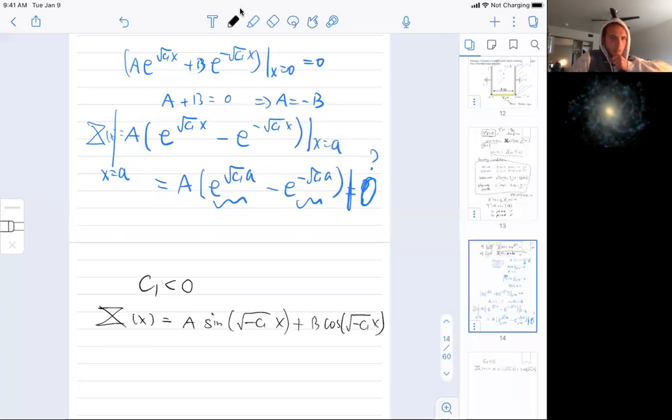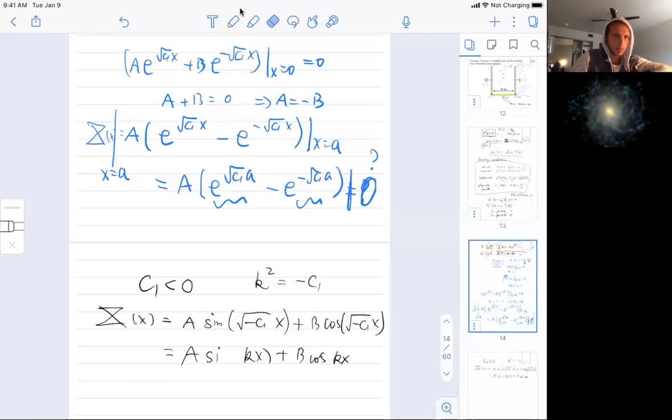Now negative c1 is not easy to write, so I'm saying k squared is going to equal negative c1. A lot of times we write k instead of negative c1, because that's just annoying to write. So it's going to be a sine kx plus b cosine of kx.